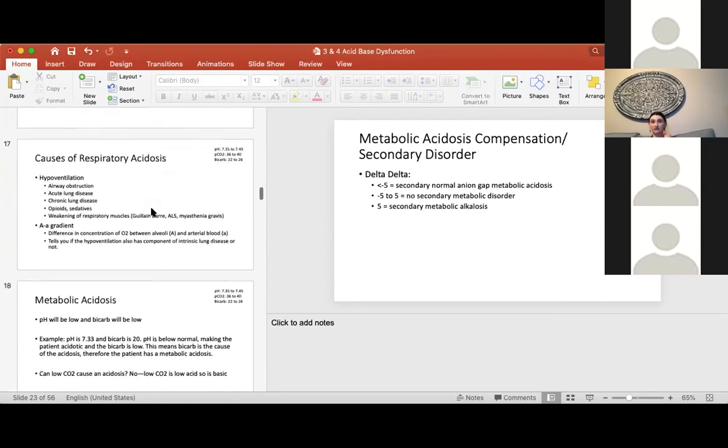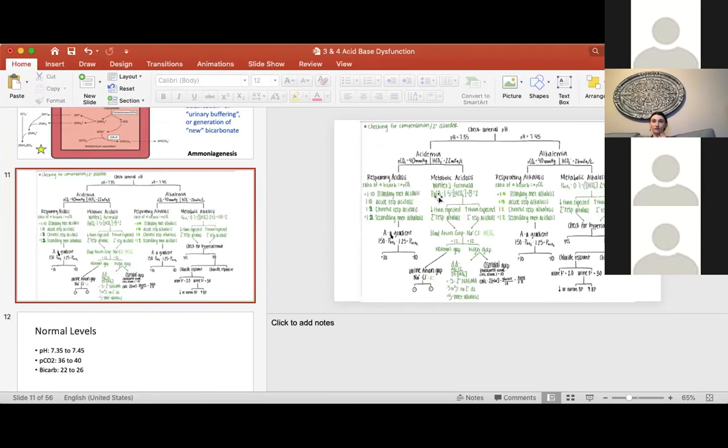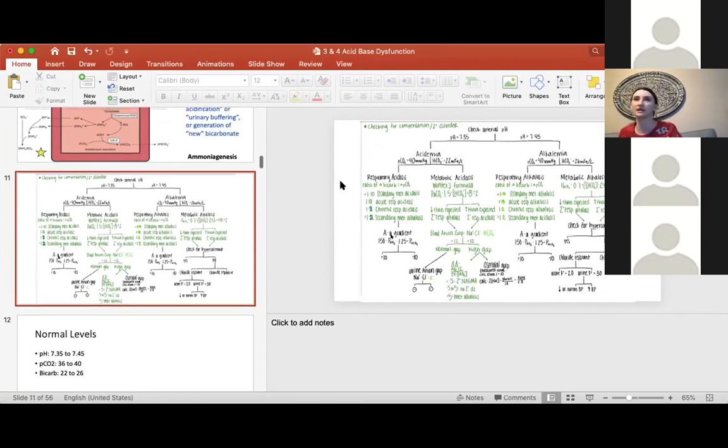It gets confusing. So I'm going to go back to this little chart. So here we are, we've got our metabolic acidosis. We use our Winter's formula. If our formula is going to be lower than expected, we're going to have a secondary respiratory alkalosis, sorry. If it's higher than expected, we're going to have a secondary respiratory acidosis.